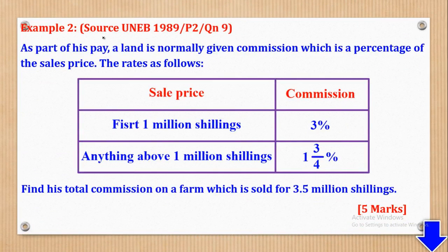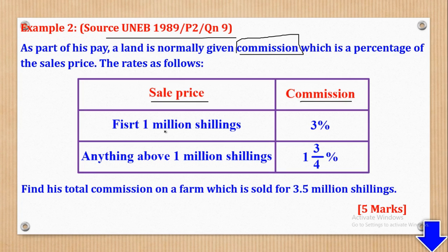Now we shall go to example 2. Example 2 came from UNEB 1989 paper 2 question 9, and it says, as part of his pay, a land agent is normally given a commission. So know that word, commission, which is a percentage of the sales price. The rates are as follows. So sale price is this and the commission is that.